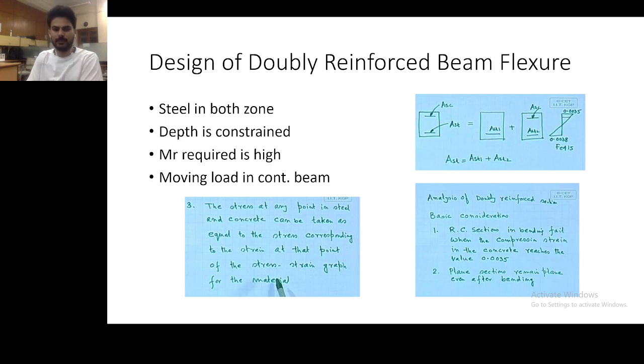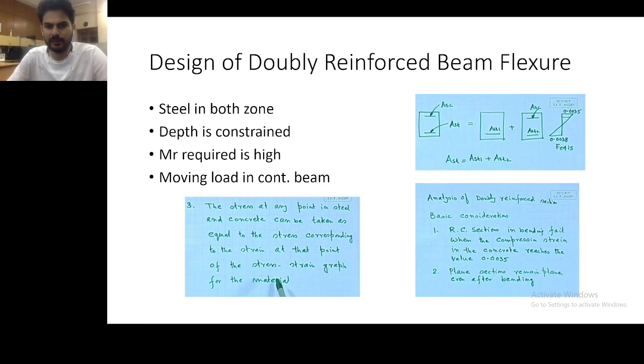So I would like to ask, what is the requirement of design of the doubly reinforced beam? First of all, let me clarify what is a doubly reinforced beam. Does anyone know what a doubly reinforced beam is? Okay, I will continue.